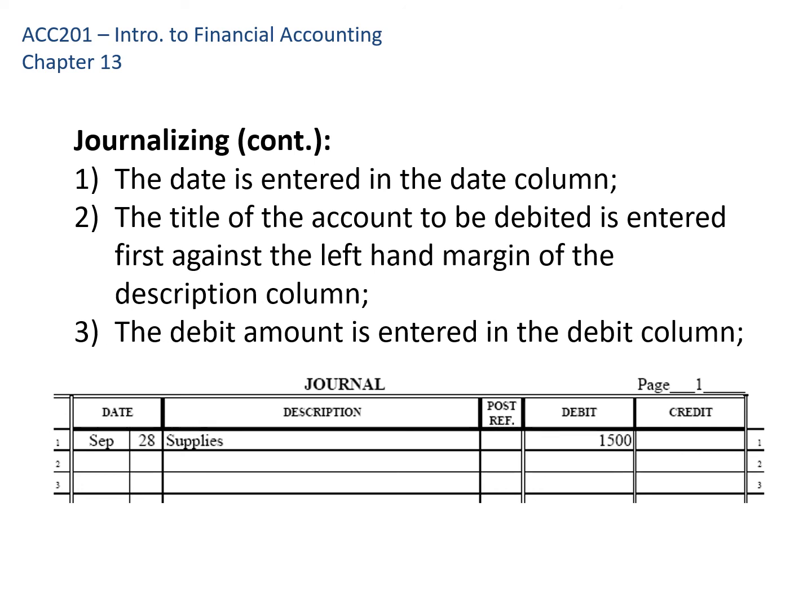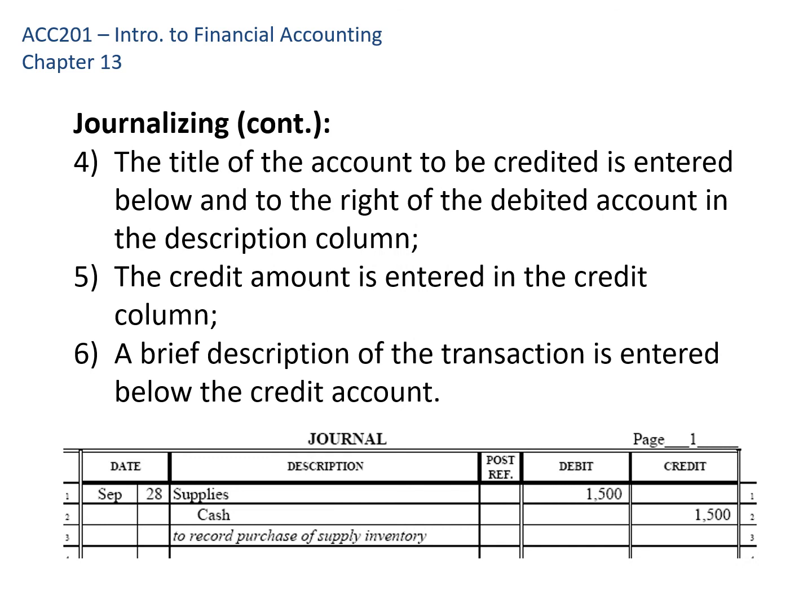You can ignore the post-ref column for now. We'll come back to that. And then I record the amount of the debit in the debit column. Then I record the credit, and you can see I indent about four or five spaces there, indent and record the credit, and then I record the dollar amount under the credit column. So in this case, what's happening in that transaction is the company is buying supplies with cash. Okay, so that's what that is telling me.